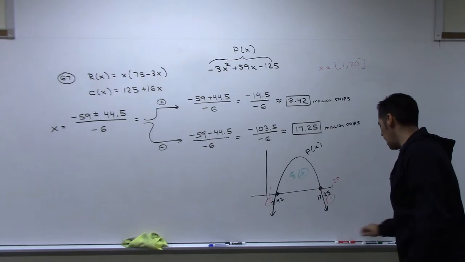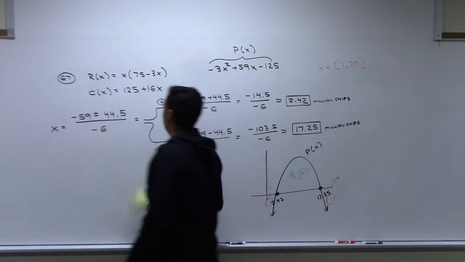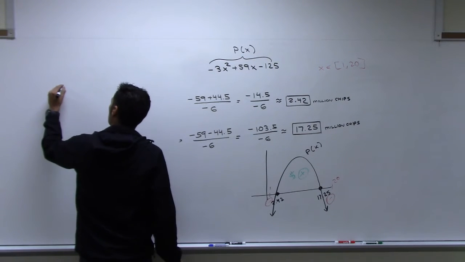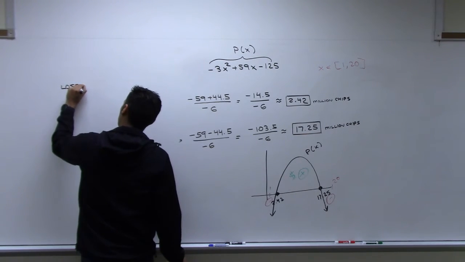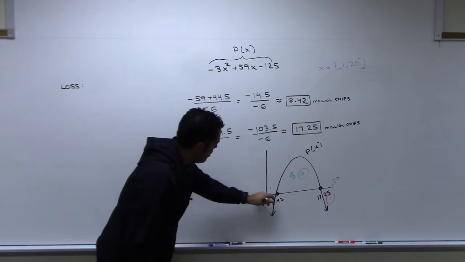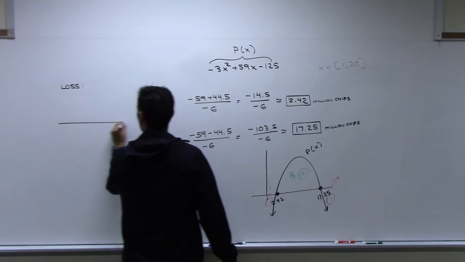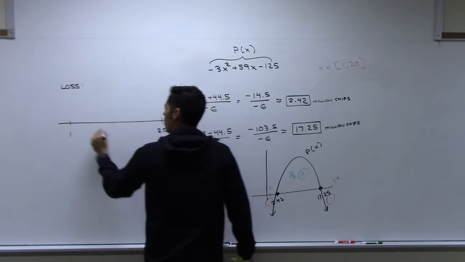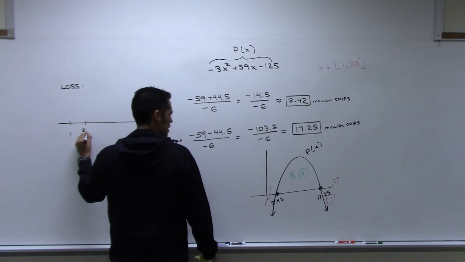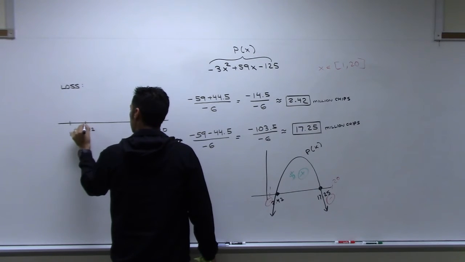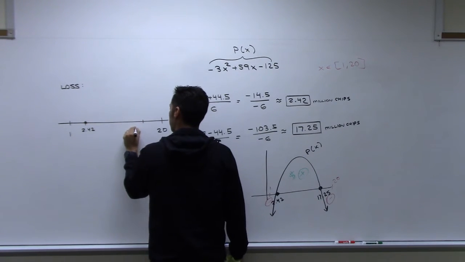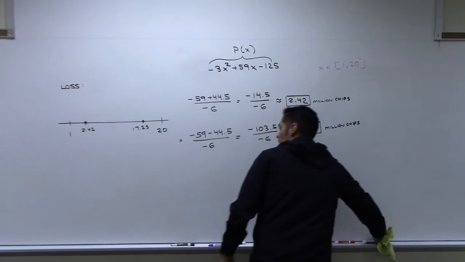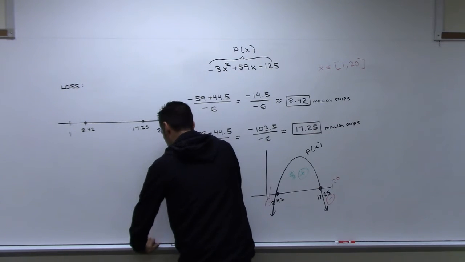So if we're being asked, where does the loss occur? When are we losing money? I'm going to do it on a number line so you can see a little better. We have to stay between 1 and 20. We know that at 2.42 we have something interesting happening, and we know at 17.25 we have something interesting happening.